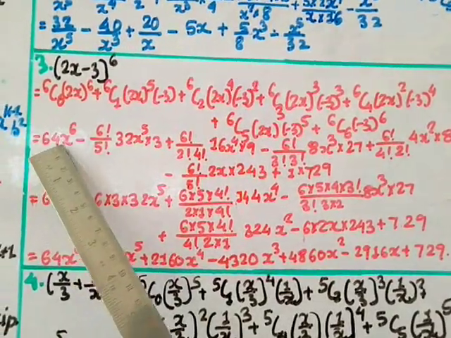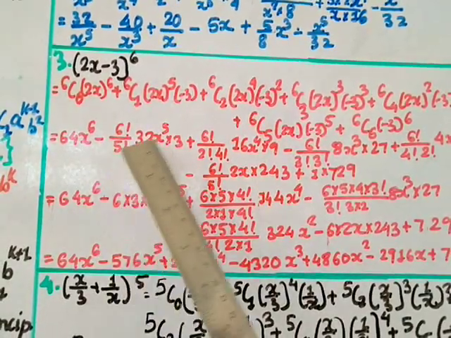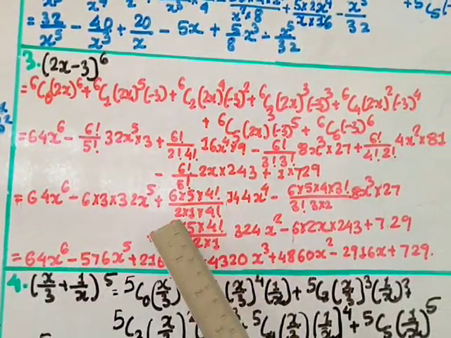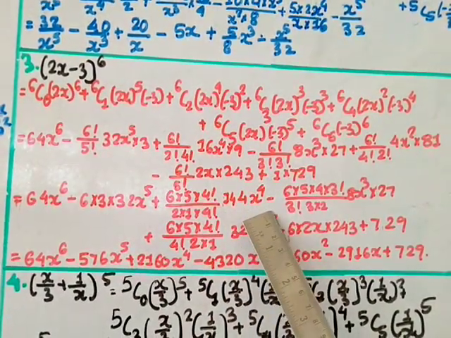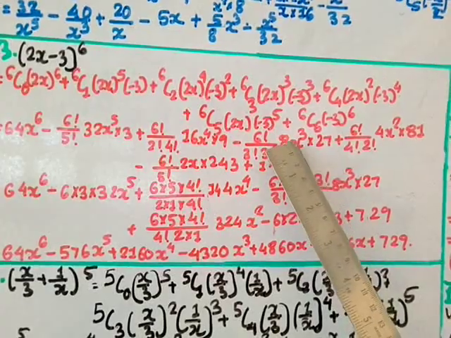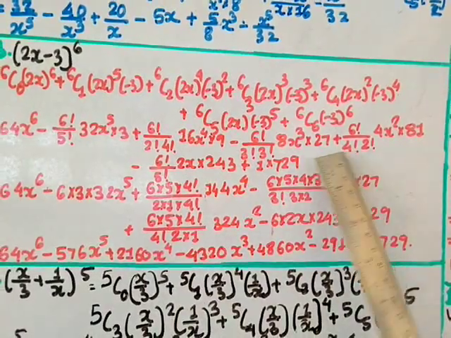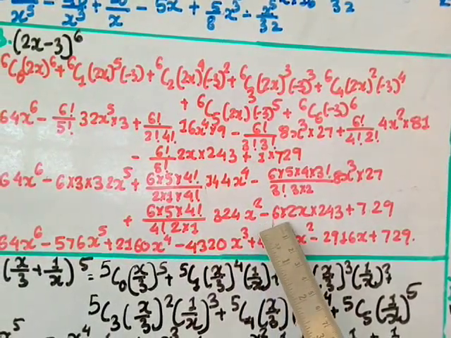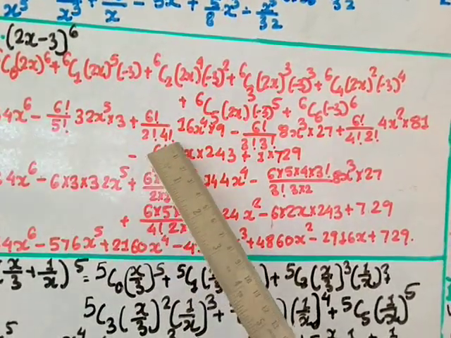So when you simplify, you get this first one as it is. Here you see, this can be written as 6 into 5 factorial, so 5 factorial will cut, here remains 6, here this is 3, and this is 32 x power 5, plus here this can be written as 6 into 5 into 4 factorial over 2 into 1, and this 4 factorial you can cut, and this 6 also you can cut by 2, and this multiplies, we get 144 x power 4, minus 6 factorial is 6 into 5 into 4 into 3 factorial as it is, over 3 into 2 into 1, 8 into x power 3 into 27, plus this value is plus 6 into 5 factorial into 4 factorial as it is, 2 factorial is 2 into 1, into this multiplies, you get 324 x square, minus 6 into 2x, here if you cut, here see 6 factorial can be written as 6 into 5 factorial, so you can cut, so here remains 6.